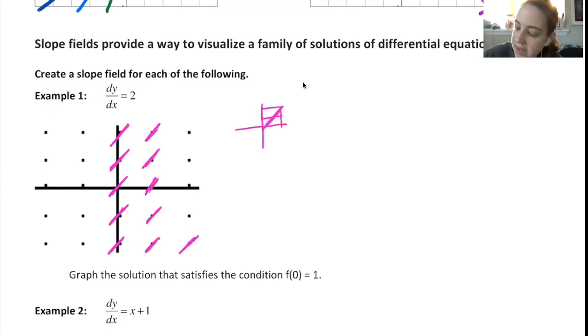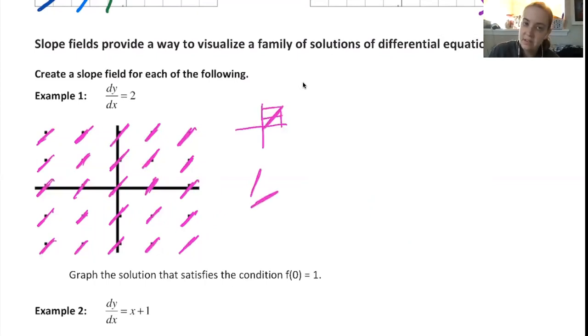And you want to make sure you hit all of these points. Now, it's important that you get them all. But it's important that you have a difference between a slope of 2 and a slope of 1/2. They need to look different.